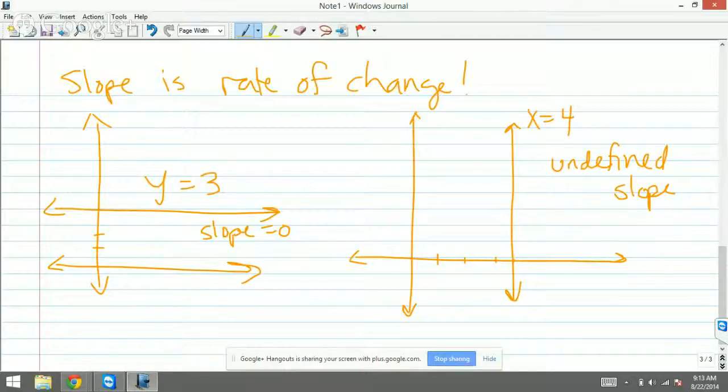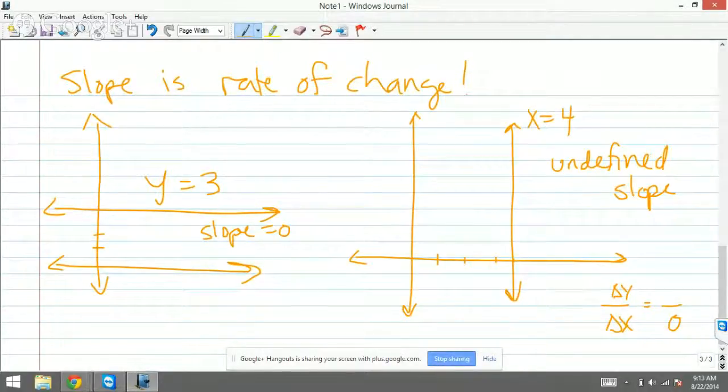Why is the slope undefined? When you calculate slope as a fraction, what happens? It's the y values over the x values. Why would that be undefined? There is a change in the y because we're changing the y. So it's dividing by 0.